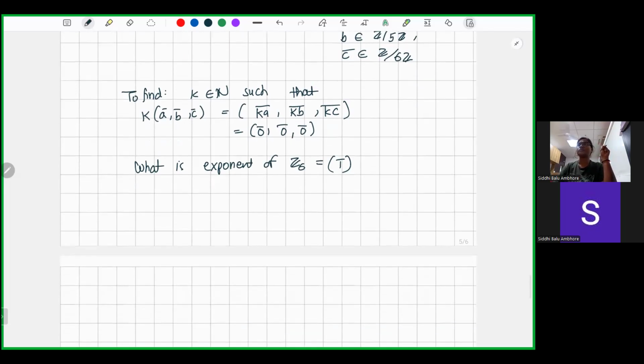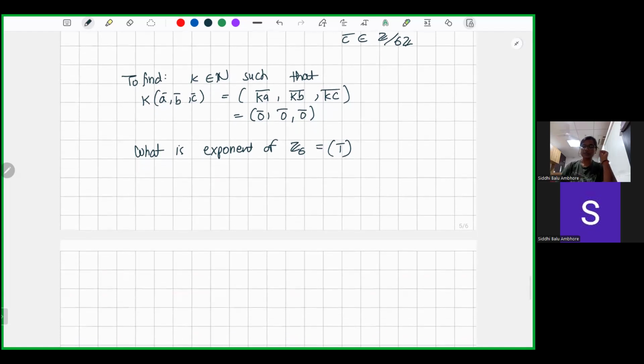For any cyclic group, the exponent is the order of that group, you can check that. So the exponent of Z6 is 6.